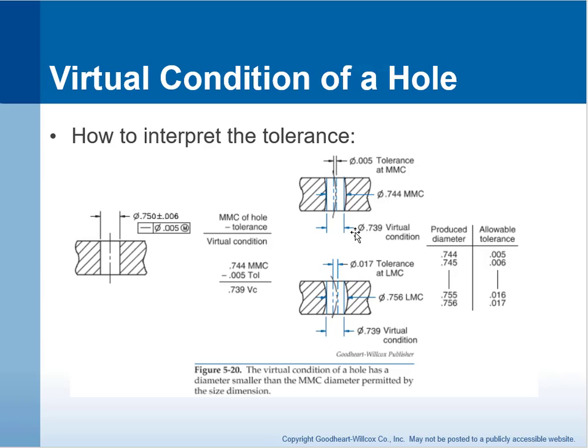So here is our perfect boundary, the virtual condition boundary of .739, and as long as our part falls within there, what we have is an MMC of .744, and then we have an allowance for the tolerance. Such that if the part was produced above the MMC, we actually have more allowance for form. So again, this is another interpretation of virtual condition.